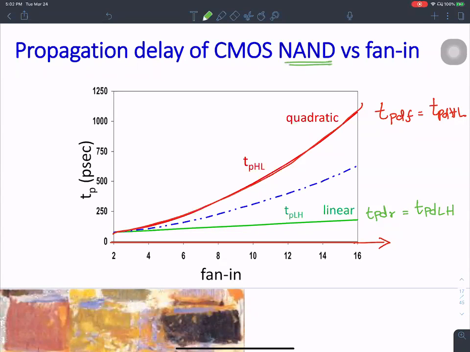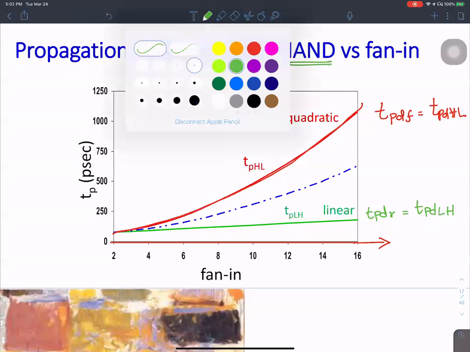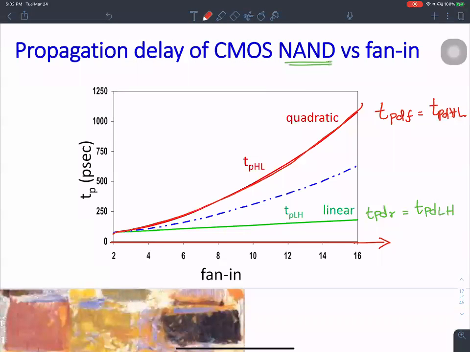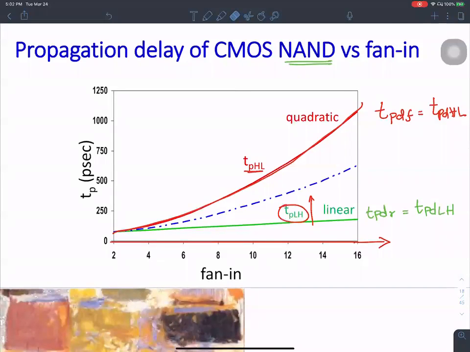For the NOR gate, the opposite is true. For the NOR gate, the PMOS transistor pull-up network is in series. Therefore, this quantity increases rapidly, and this quantity increases more in a linear fashion. But the idea is, as the number of inputs increases, the delay increases as well.